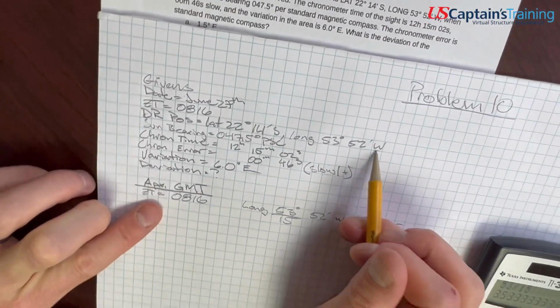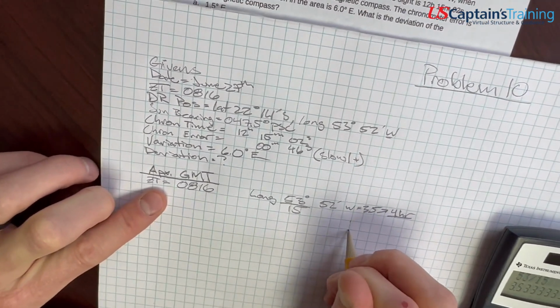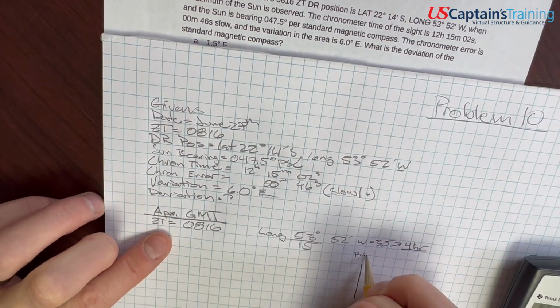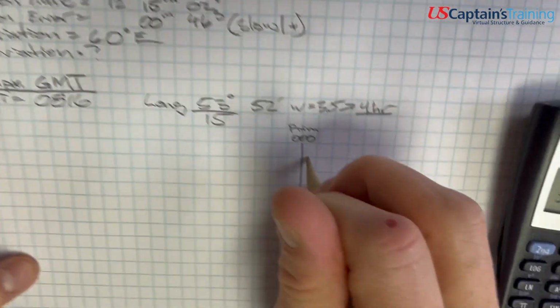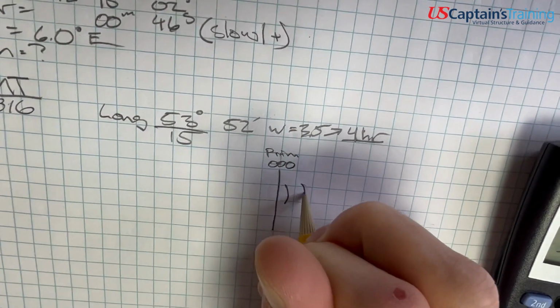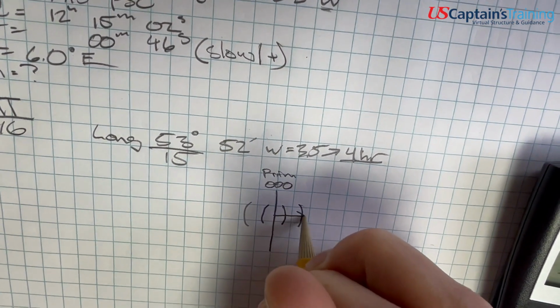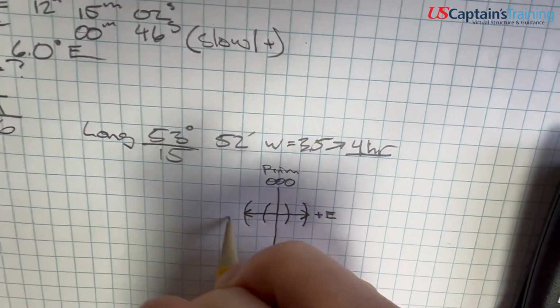Now we need to figure out, do we add this or subtract it to the zone time? Well, we're in west longitude, so let's draw up a little diagram to help explain it. This is the prime meridian, 0, 0, 0. This is Greenwich Mean Time. Let's draw in some time zones. If you go to the east, you add. If you go to the west, you subtract.